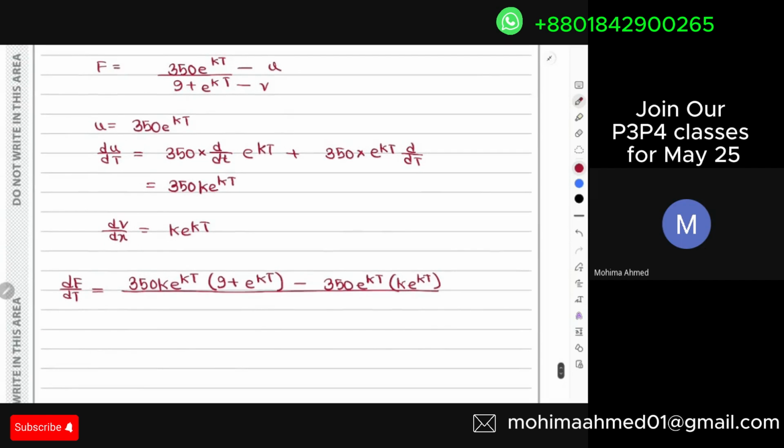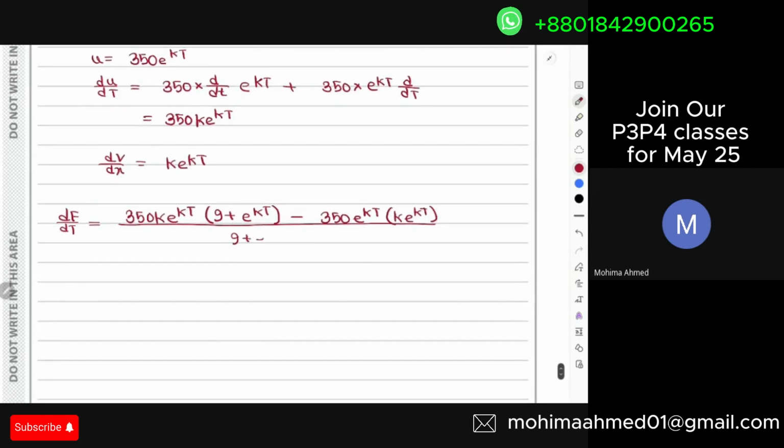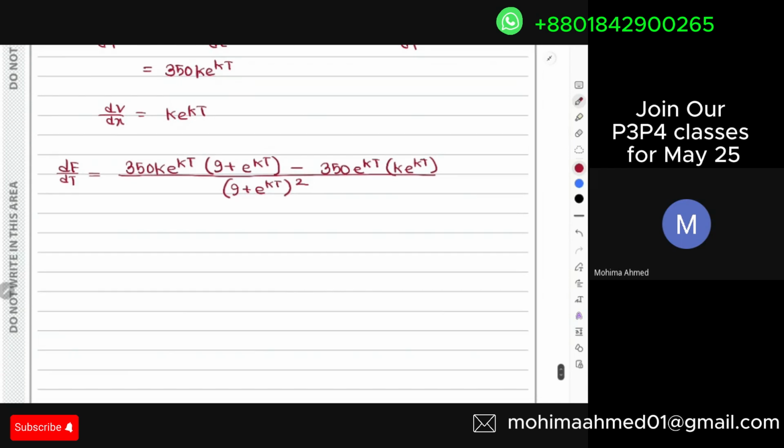How much was v? v was 9 plus e power k capital T, whole square. And now if I simplify this equation furthermore, I can understand that for both of them 350 e power kt is common, right?